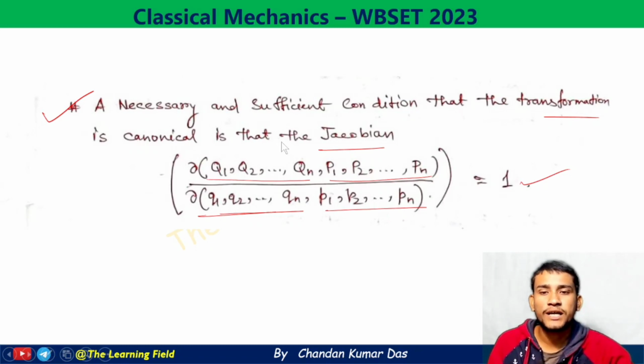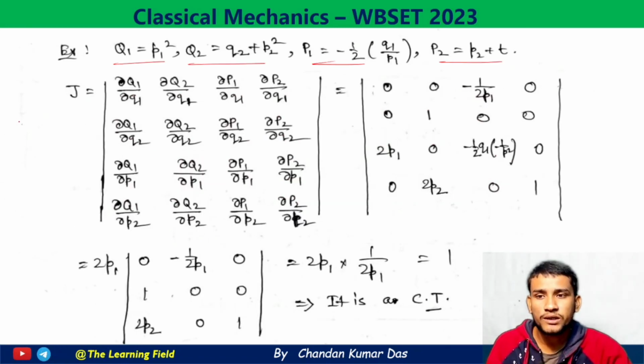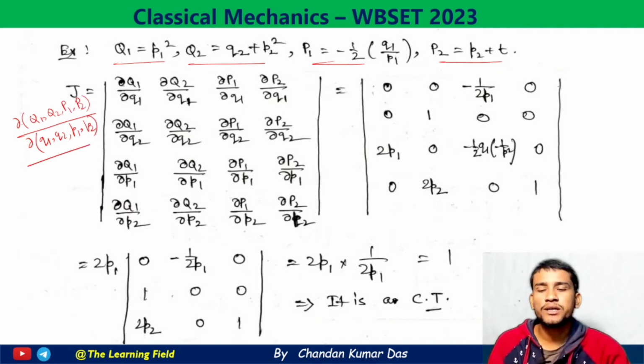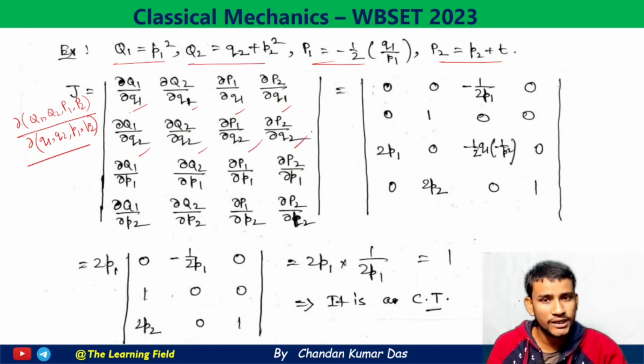Okay, so the Jacobian here is del of Q1 Q2 P1 P2 by del of q1 q2 p1 p2. This is the Jacobian term here. So this is equal to the matrix: del capital Q1 by del q1, del capital Q2 by del q1, del capital P1 by del q1, del capital P2 by del q1, and del capital Q1 by del q2, del capital Q2 by del q2, del capital P1 by del q2, del capital P2 by del q2, and so on, there are 4 terms also, you can check.